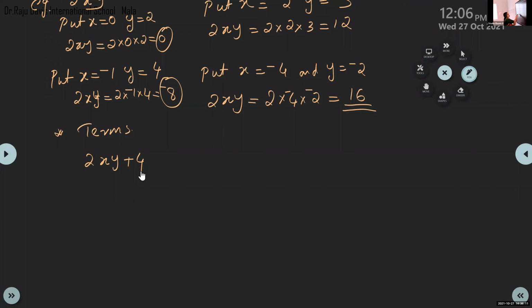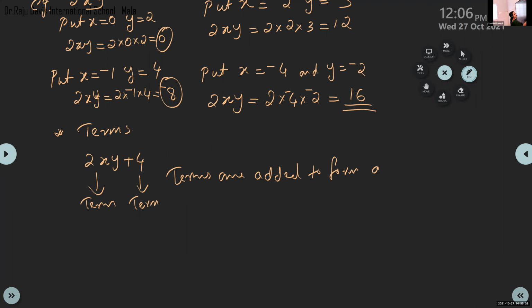Here two terms are added to get another algebraic expression, 2xy plus 4. So terms are added to form expressions.